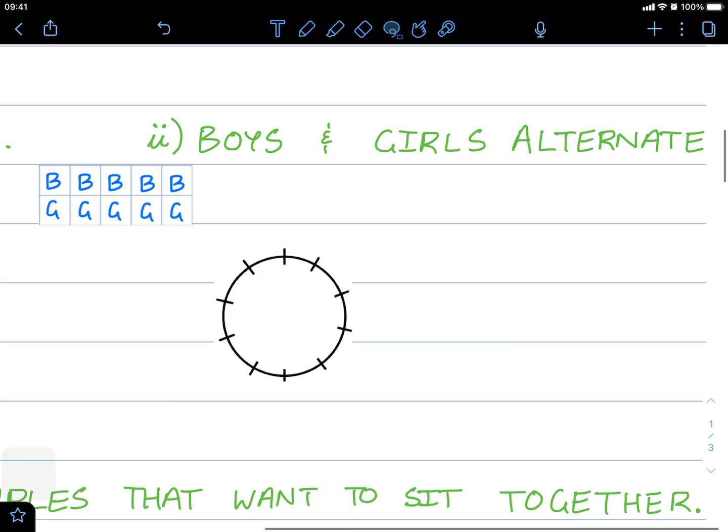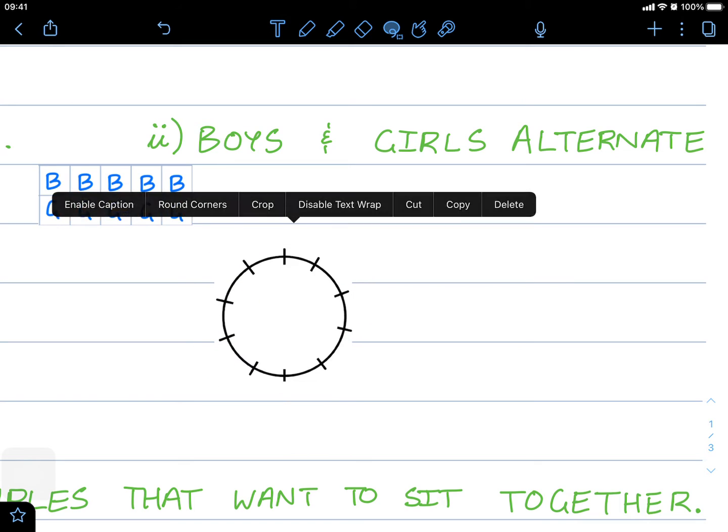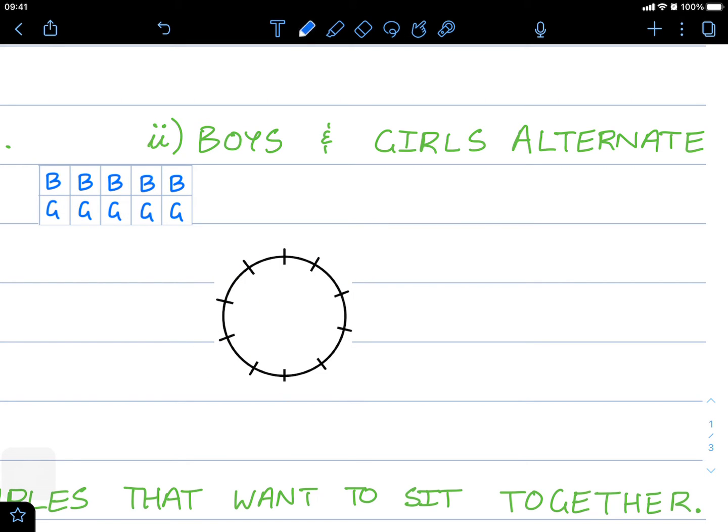Because of rotation, if we start seating them randomly, arrangements might become identical. So what we do is we pick one position first and we fix it, meaning we make sure that one person definitely sits there and they cannot change again. So let's just pretend that there's a boy sitting here. There's one way we're going to pick that boy to sit there.